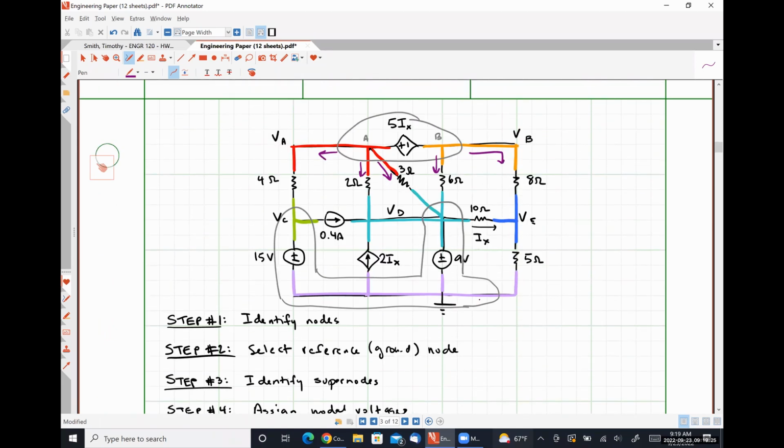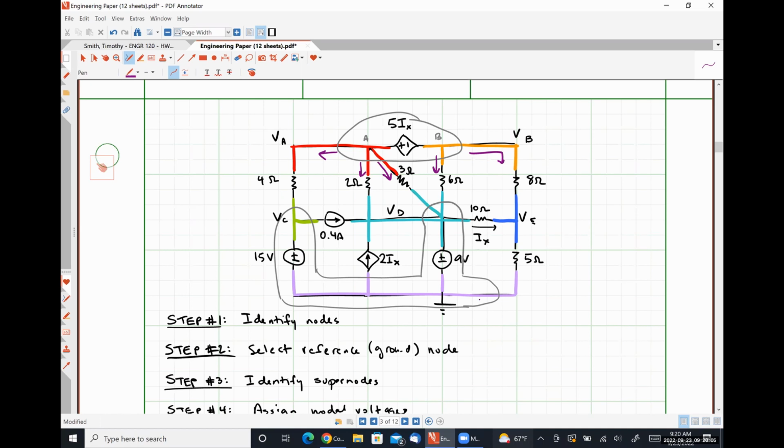So let's start with the current leaving node A and flowing to the left. Alex, what's that going to be? Sully, help him out. Yeah, so the current that's leaving node A and flowing out to the left. So I agree with what you've said out loud so far, VA minus.